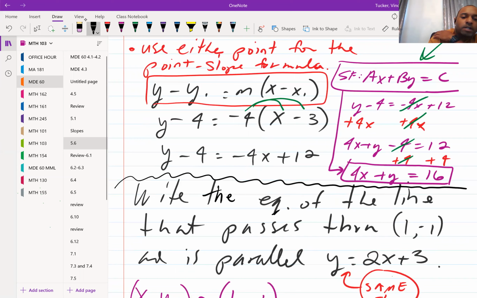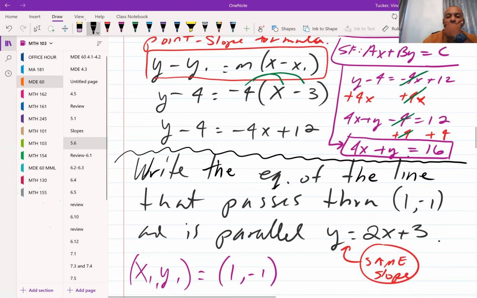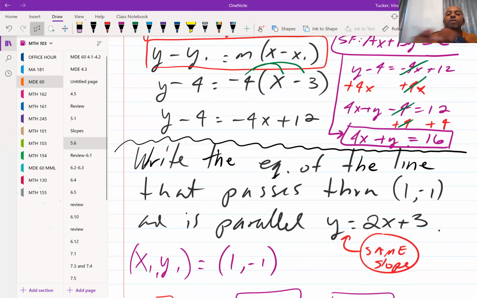Write the equation of the line that passes through the point (1, -1) and is parallel to y equal to 2x plus 3.